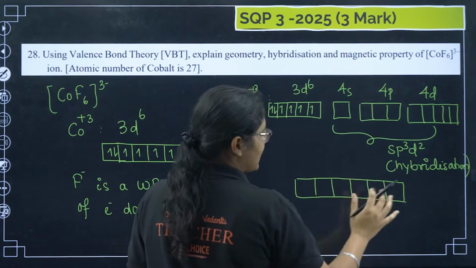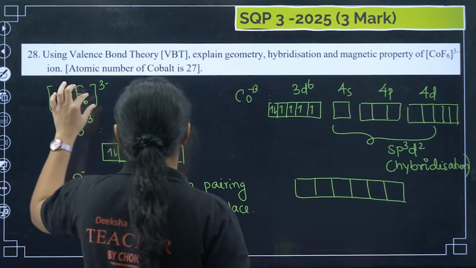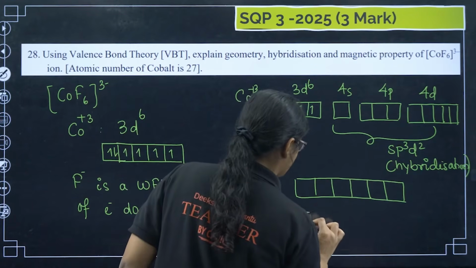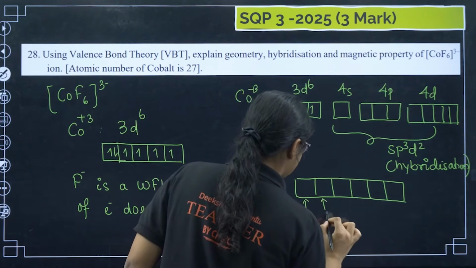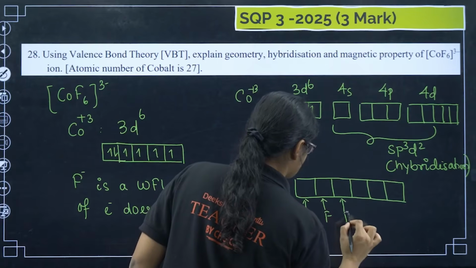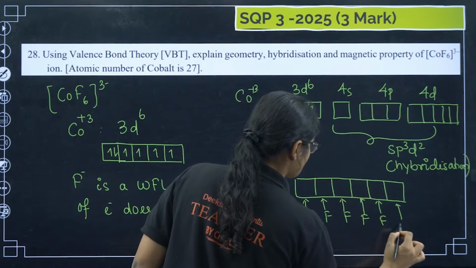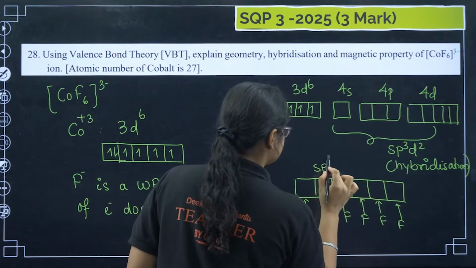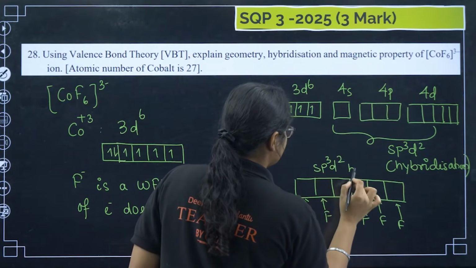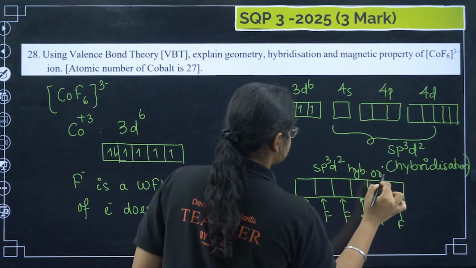Okay, and in these hybrid orbitals, fluorine donates the electrons. You have to just denote like this, okay, and what are these? These are sp3d2 hybrid orbitals.